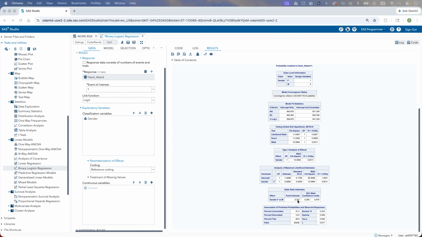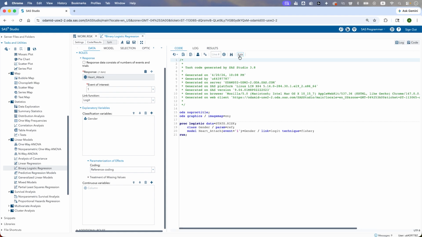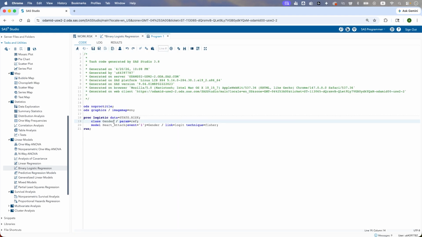So what I'm going to do is go to code and edit. Then I'm going to go to gender and add ref equals female. Ref is a keyword in SAS. This has to be done. Equals F for female. It has to be between single or double quotations, because this is a categorical variable.